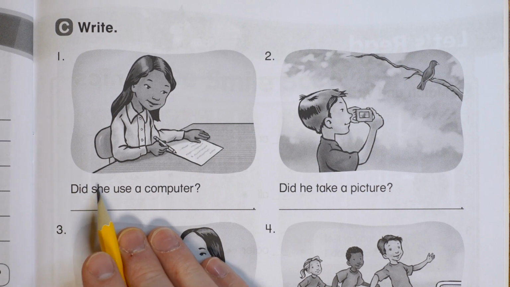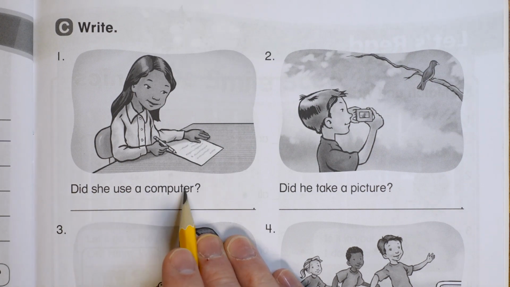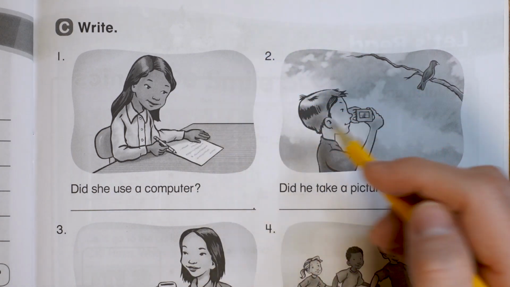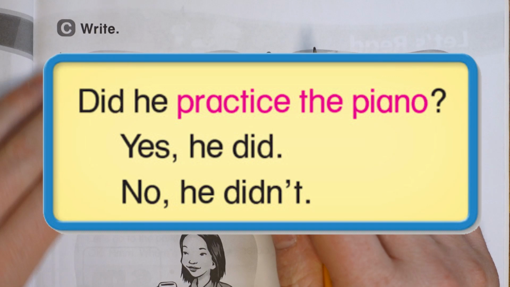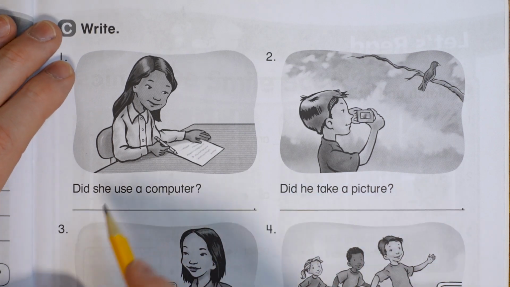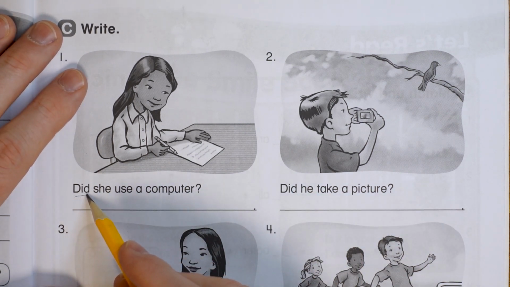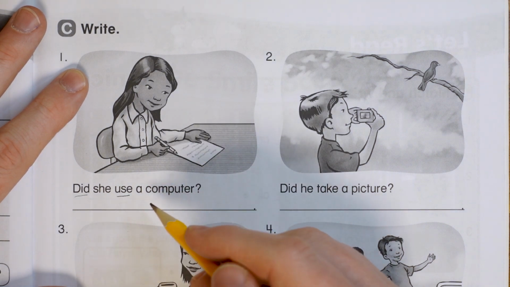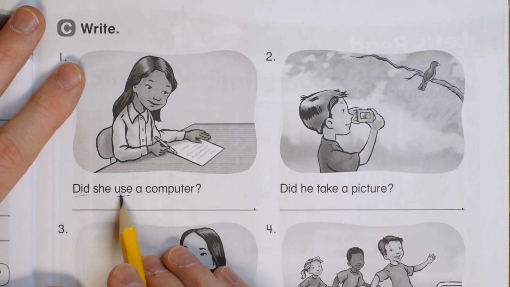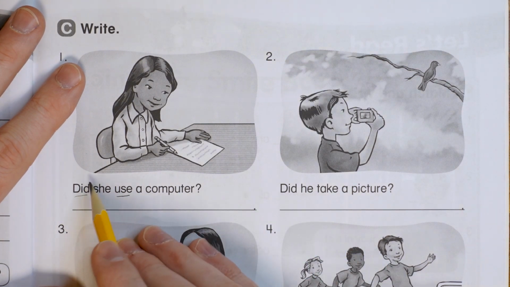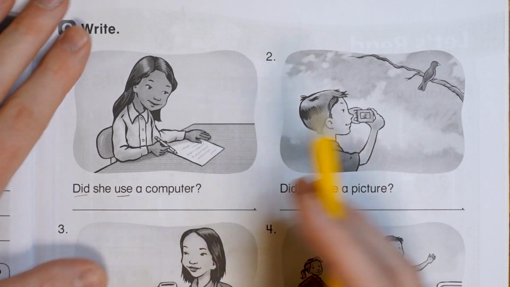So did he, she, blah, blah, blah, is going to become yes, he, she did, or no, he, she didn't. And just like with all of our other questions, like with does, we already changed it here with the helping word, so we don't have to change our action. So we will never write did she used or did he took.